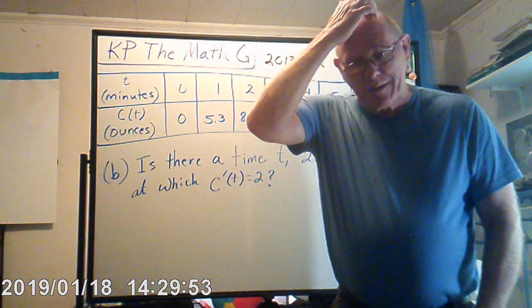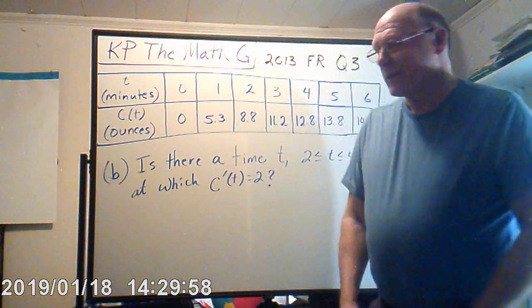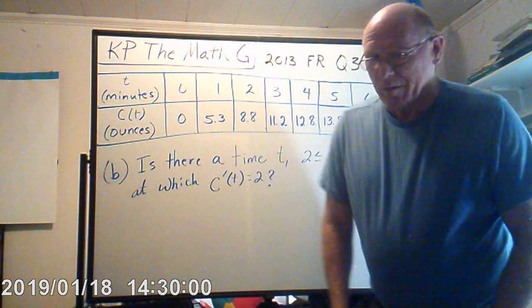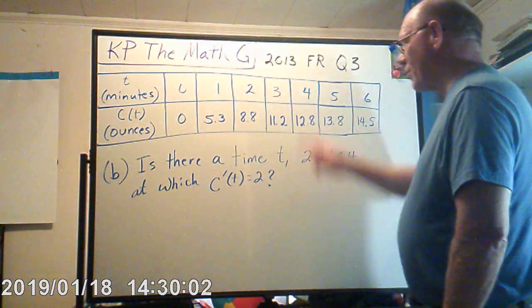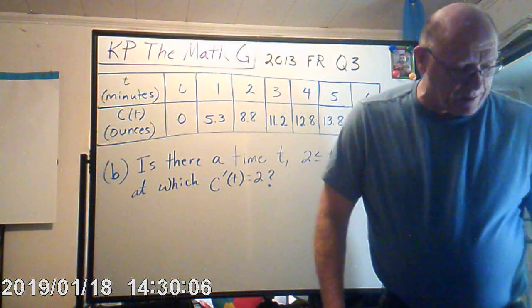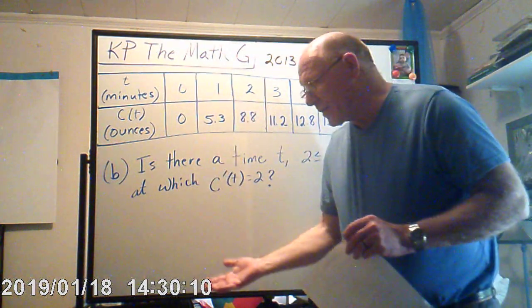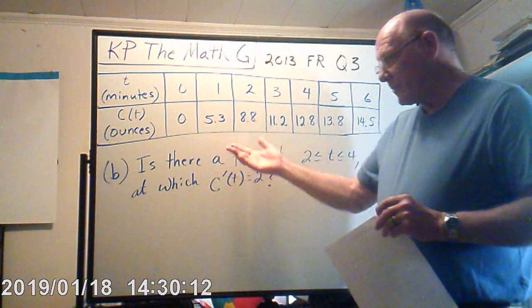This will be the 129th video. So let's get started. I'm doing a couple of questions off of this one. It's the 2013 free response question number 3, and I'm just going to read it to you. Instead of writing all of this on the board, I put it up here.